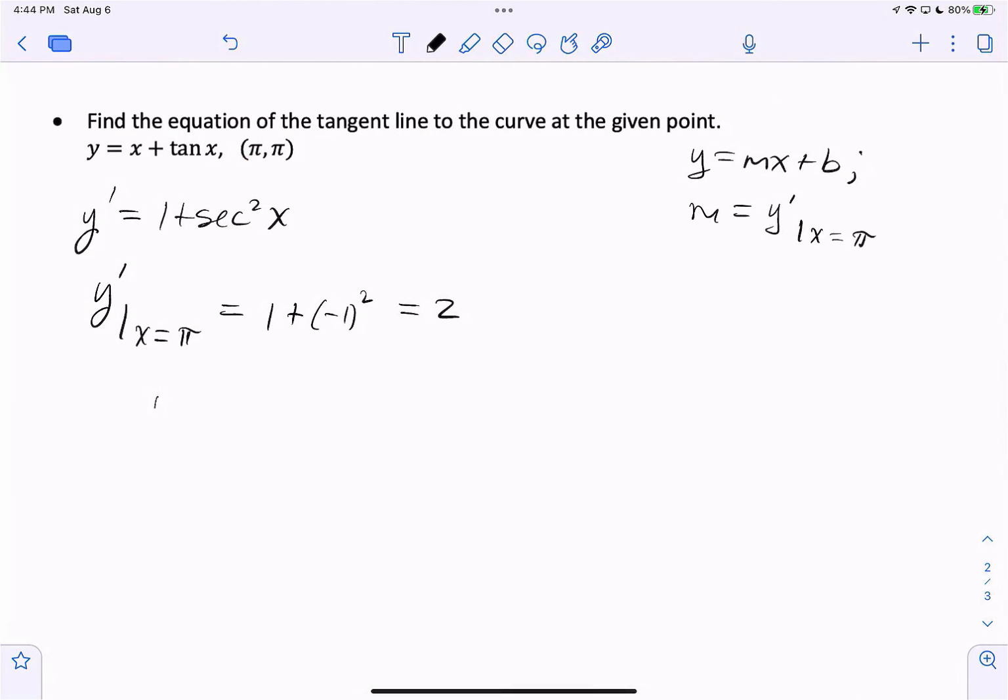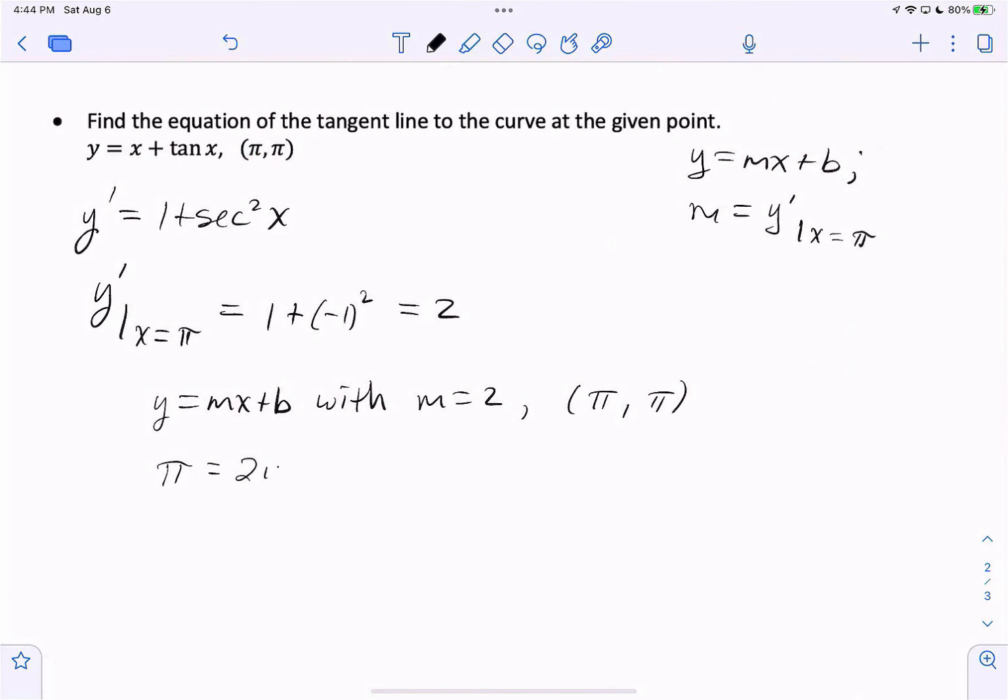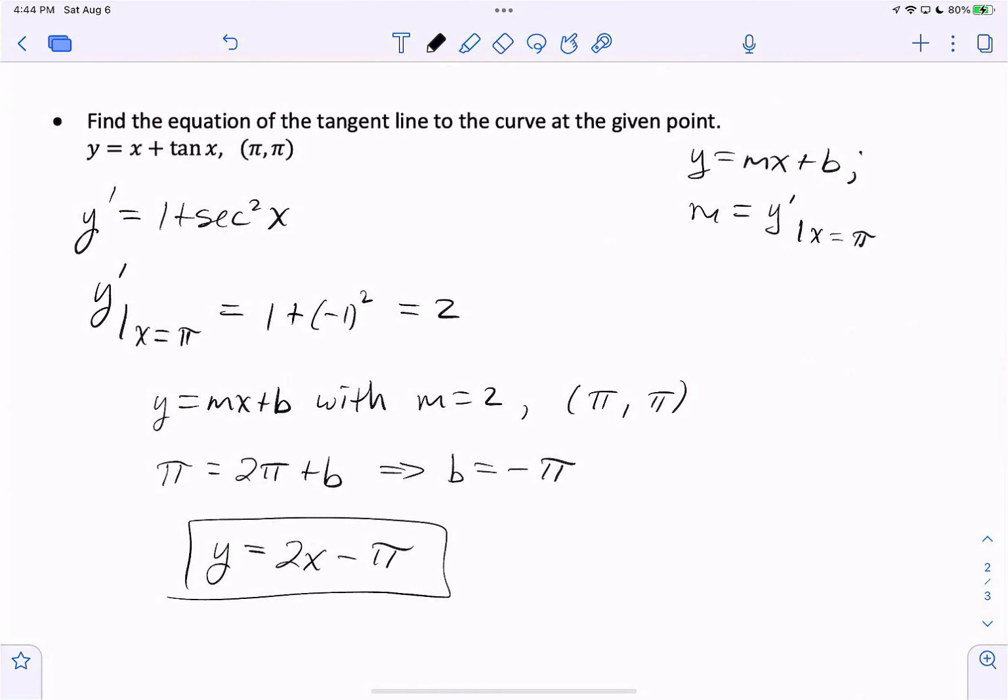Therefore, if we use y equals mx plus b with m equals 2 and the point (pi, pi), we've got that pi is equal to 2 pi plus b, which implies that b is equal to -pi. So the equation of the tangent line is y equals 2x minus pi. The point here, I guess, is reinforcing how to find the equation of a tangent line, and that the introduction of trigonometric functions doesn't change that process at all.